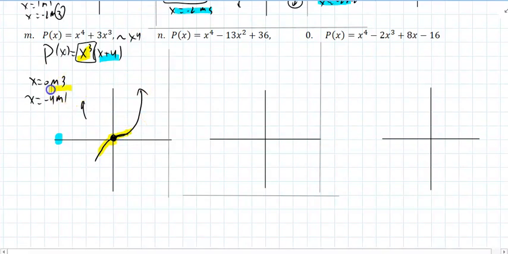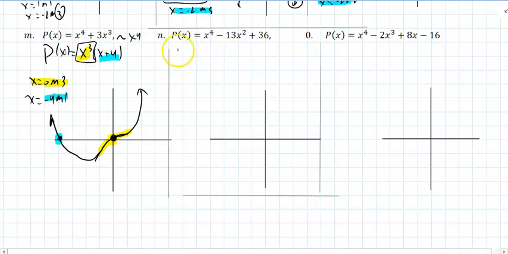And this is multiplicity 1, so I just have to go through that point and make it look sort of like a straight line. Done. That's it.